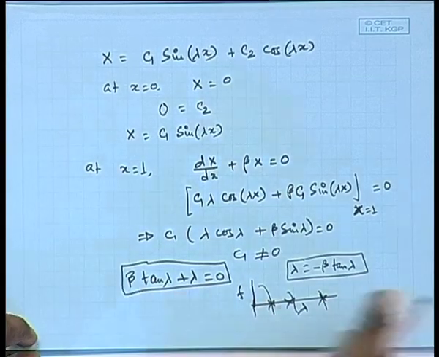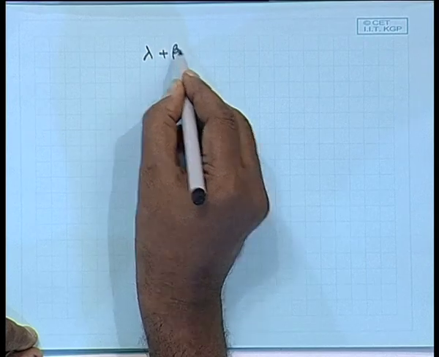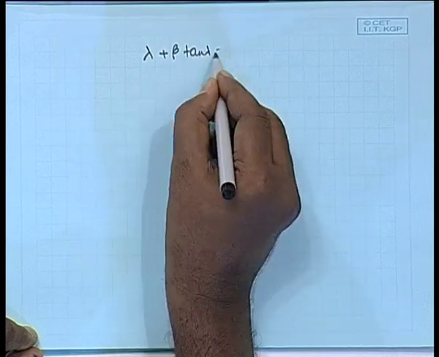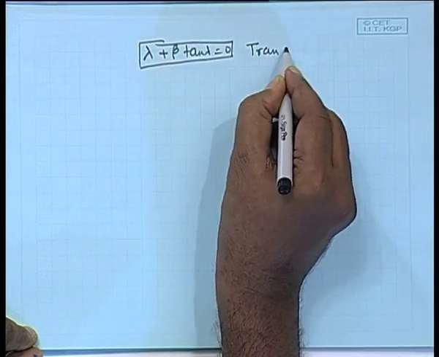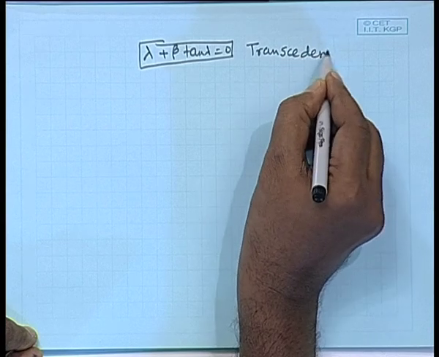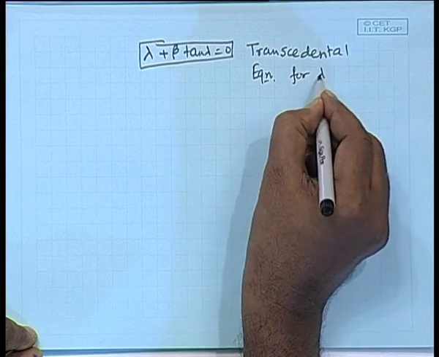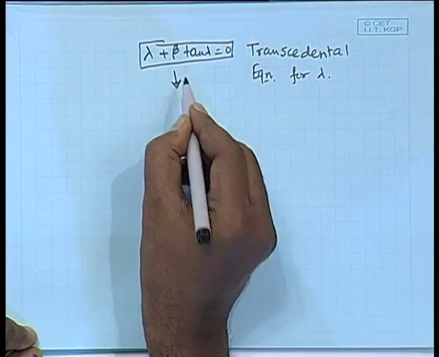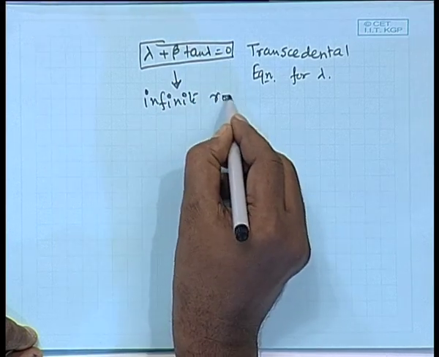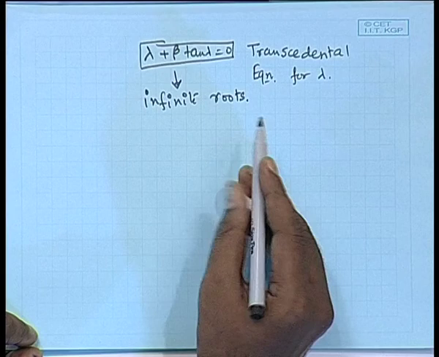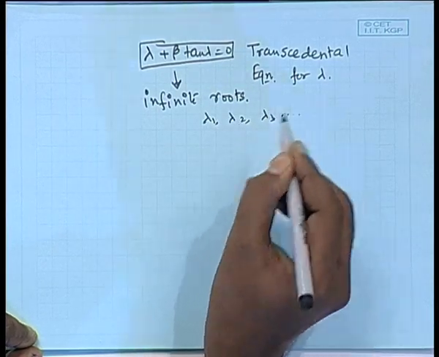So for every root, so this is a transcendental equation for lambda which has infinite roots. Right, and those will be corresponding to 1, 2, 3 like that.